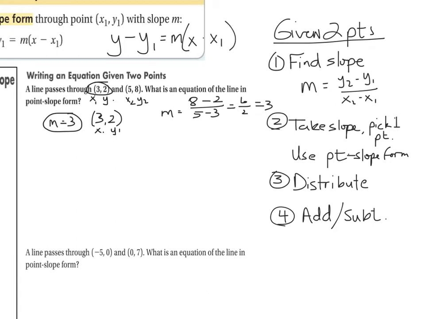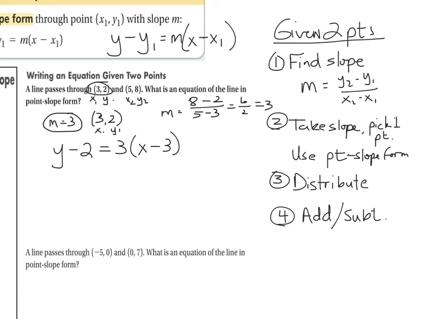Now I'm on step 2. So that first y is always there, minus y1, which is 2, equals the slope, which is 3, times the quantity x minus x1, which is 3.